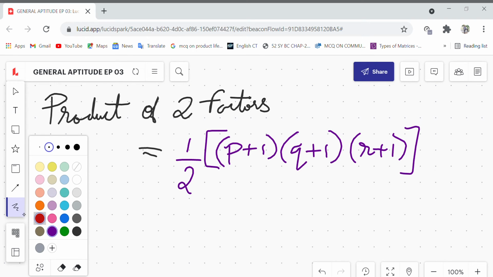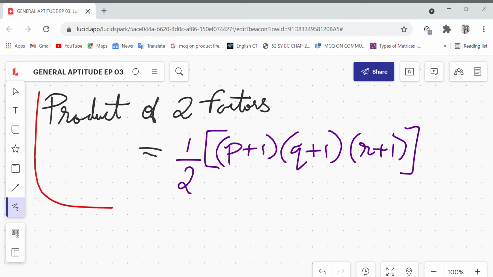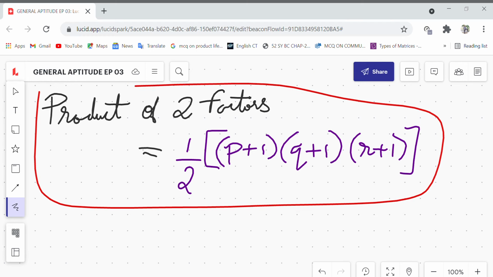So the product of two factors is half into (p plus 1) into (q plus 1) into (r plus 1).